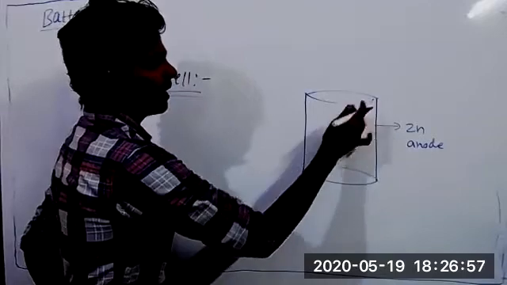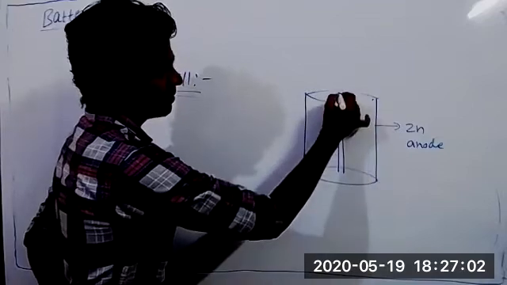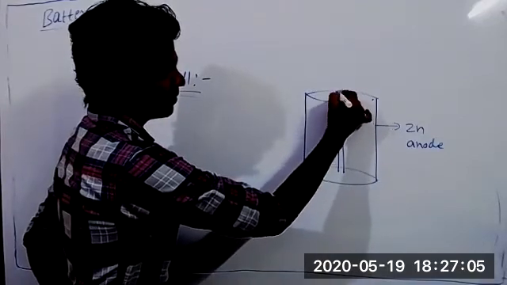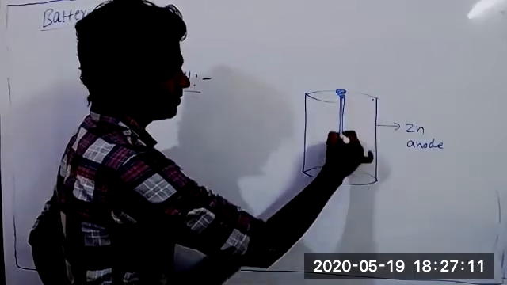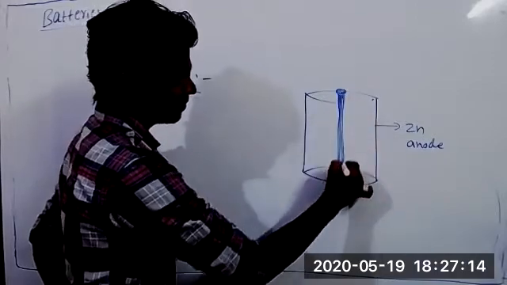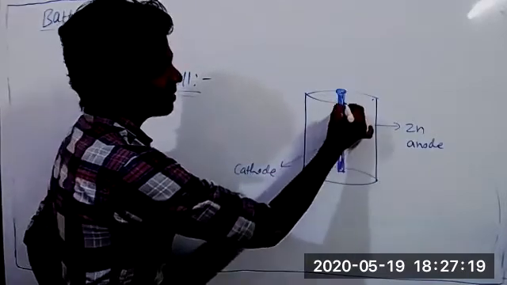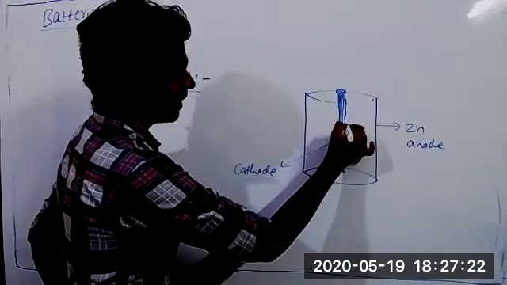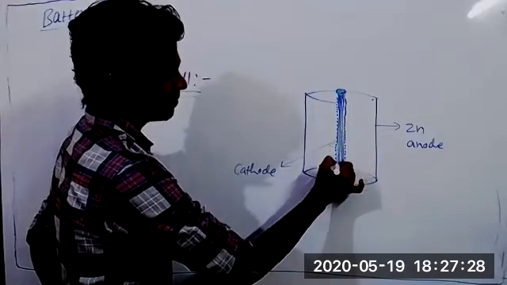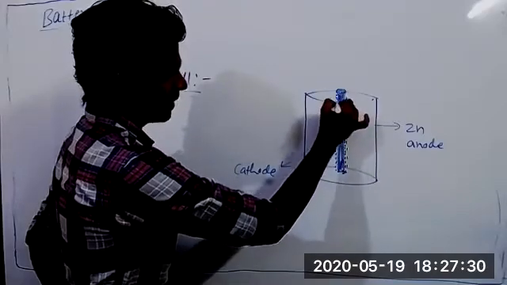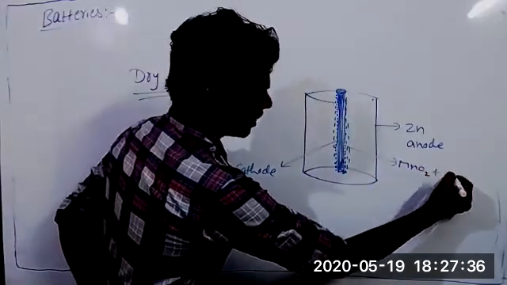And here, the carbon rod is the cathode. It is surrounded by manganese dioxide along with carbon powder.